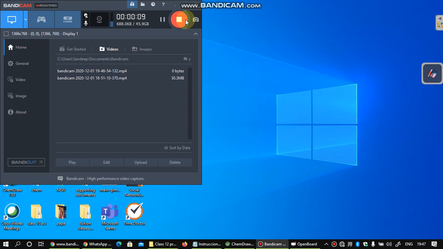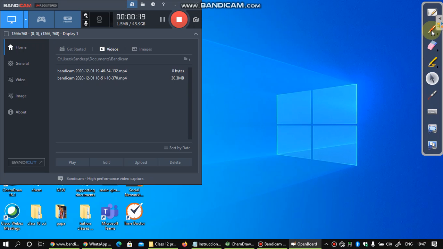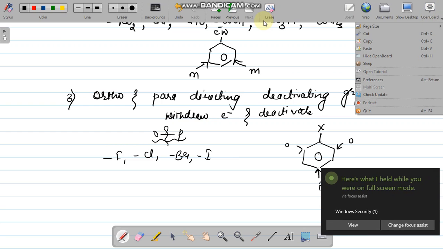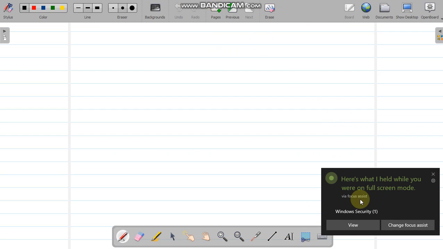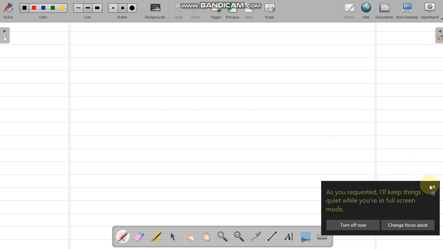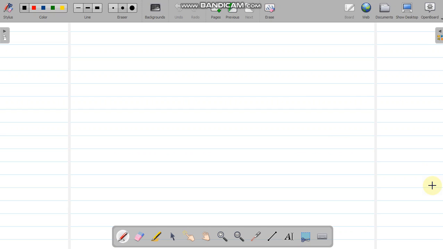In the previous lecture, we studied the directive influence of substituents and their effect on reactivity. Now we are going to look at the explanation for the different directive influences. First we take the example of ortho and para directing groups.